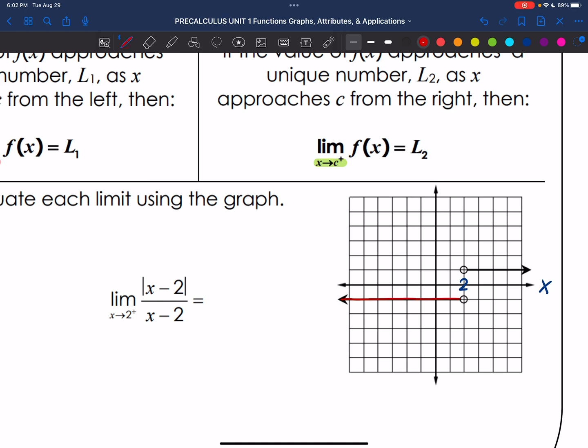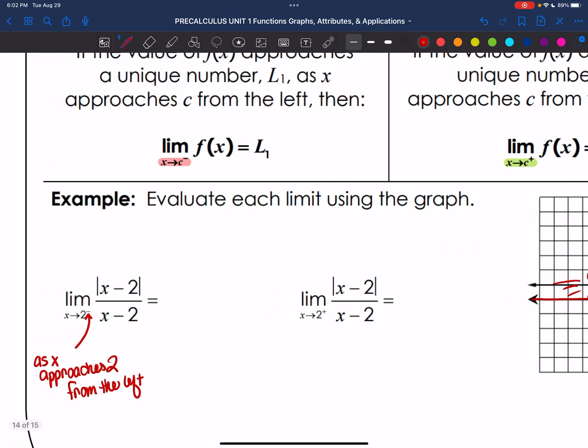Leading up to the value of x being 2. But I'm focusing on coming, like being a little person here, walking from the left side. So I'm coming this way, coming from the left. Well, what is the height that my graph is at? What height is my graph flatlining at there? That is a height of -1.